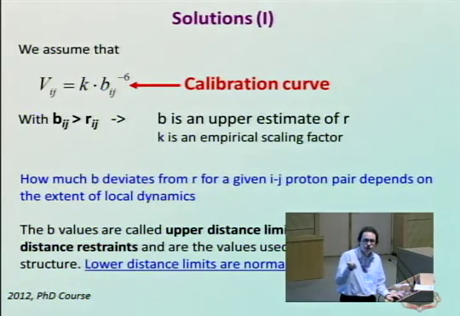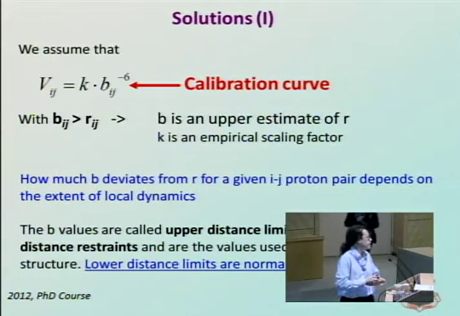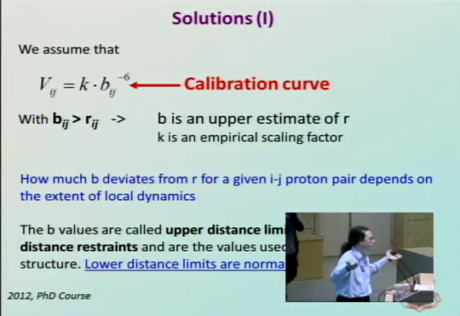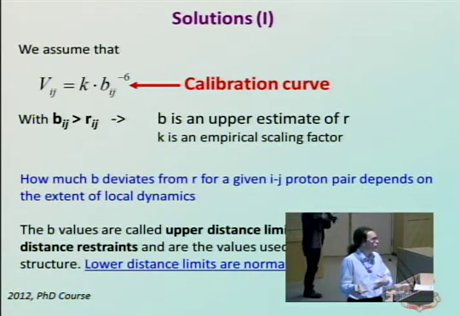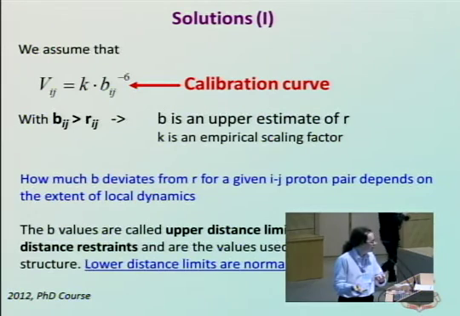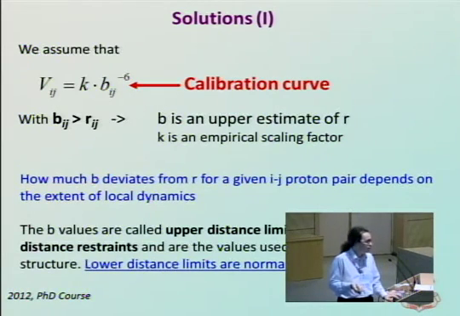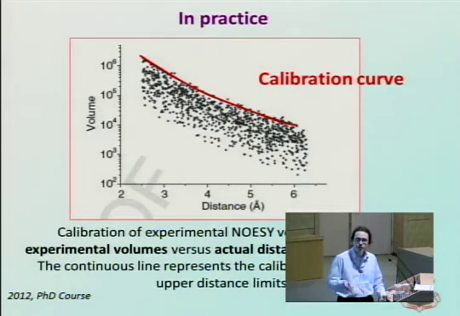So if you were to use a lower distance limit, you would say these protons are very, very far away, because otherwise I would see the interaction. But that's not true. It's the dynamics that's quenching your practical measure of the interaction. So this prevents you from using lower distance limits unless you go to much more complex computational approaches.